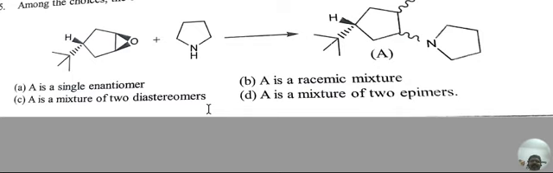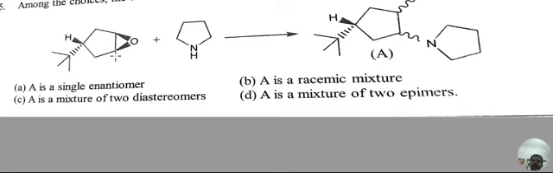Now the last question in this session we are going to discuss is, among the choices, the correct statement for A formed in the following reaction. Here you are given an epoxide and a secondary amine, and it is going to undergo ring opening as shown here. Since this ring opening can take place either from the top side or the bottom side, it doesn't matter where this tertiary butyl group is, because the tertiary butyl group is far away from this.